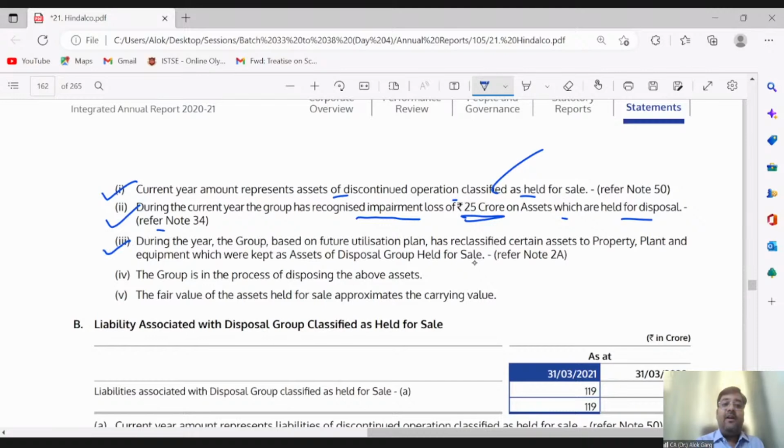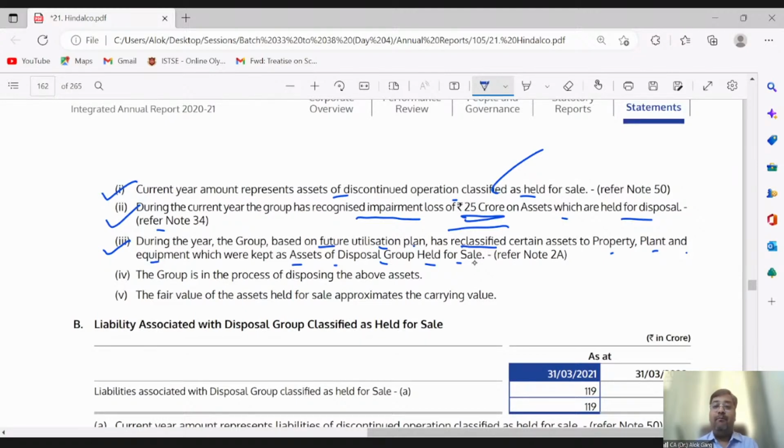Friends, note number 3, please see this note. During the year, the group, based on future utilization plan, has reclassified, please see this word, has reclassified certain assets to property, plant and equipment which were kept as asset of disposal group held for sale. What is this, friends? Please tell me, what is this third note?